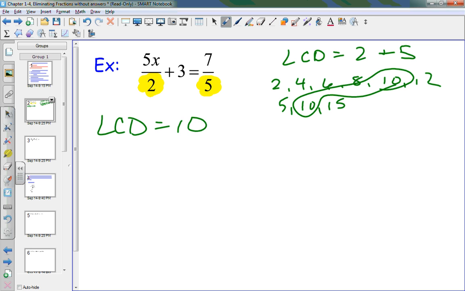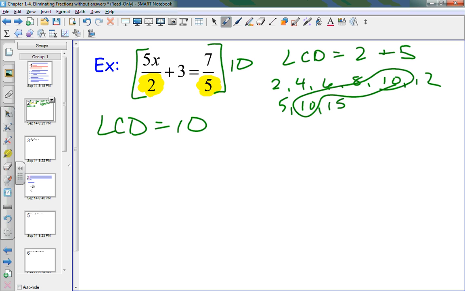Your LCD is 10. Now, the whole point of today's lesson is to eliminate the denominator, meaning you want to cancel it out. When you multiply by your LCD each and every term, you are essentially dividing that 10 by 2 and dividing that 10 by 5, because we want to cancel it out.